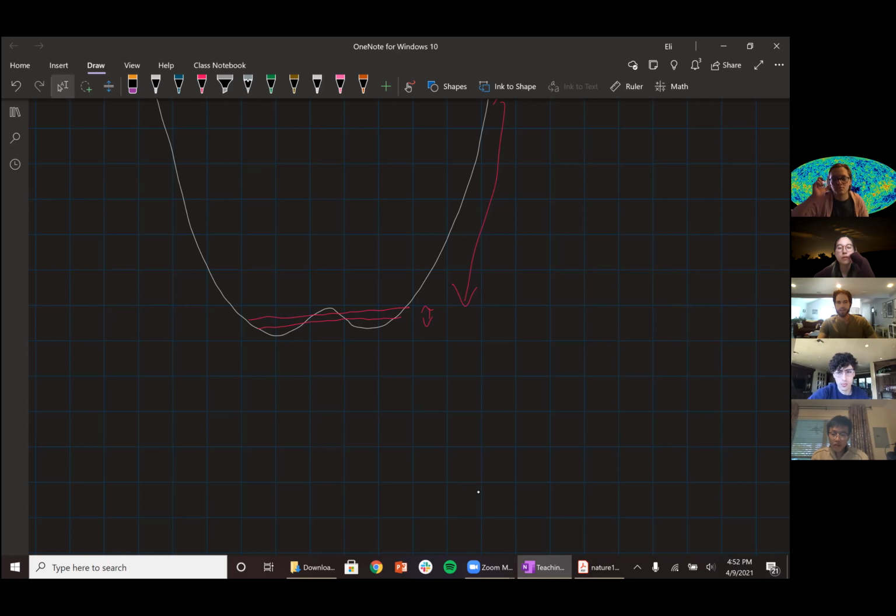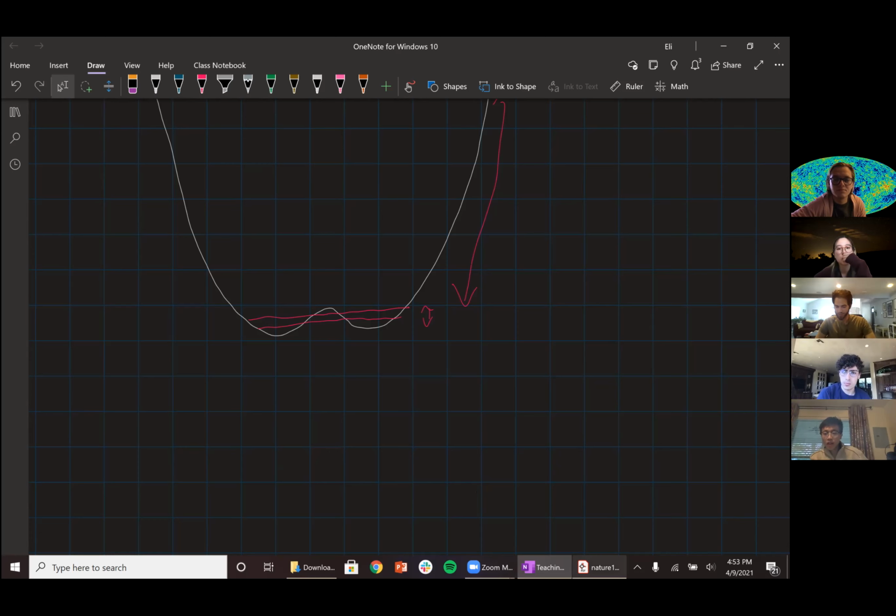But if instead of doing a hard projective measurement, a strong measurement, you do a weak measurement and you change your measurement axis, in this case you change the orientation of your atom as you're measuring, so that it starts trying to line itself up with the field better as you're measuring it, you can go far beyond this standard limit on sensitivity and get a much more sensitive sensor.